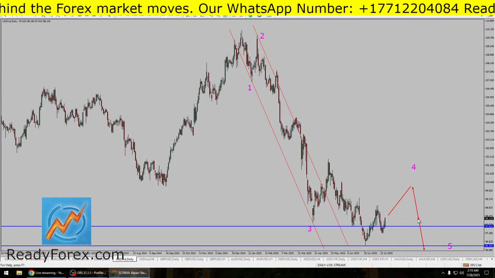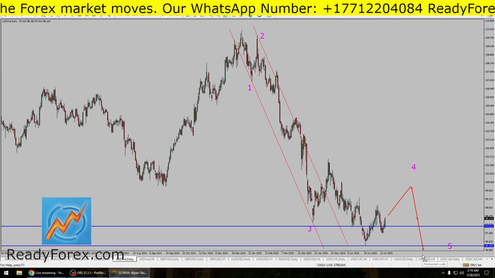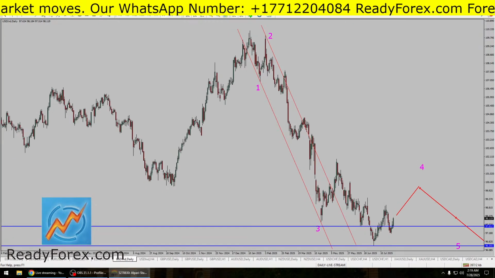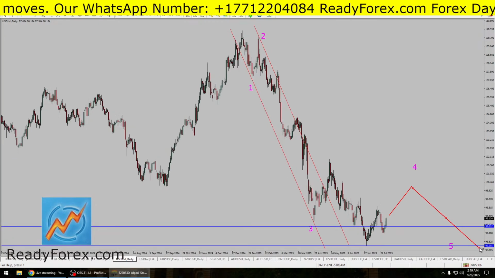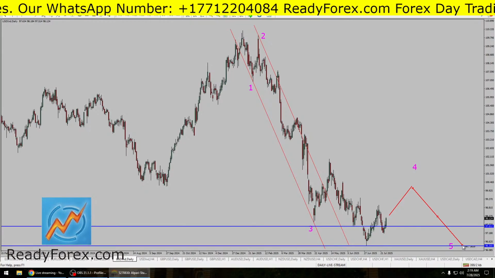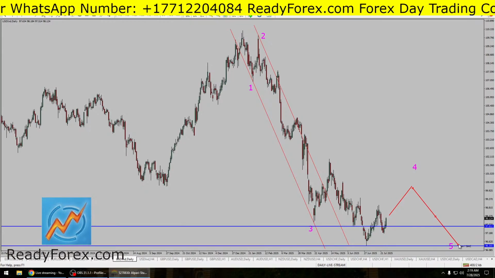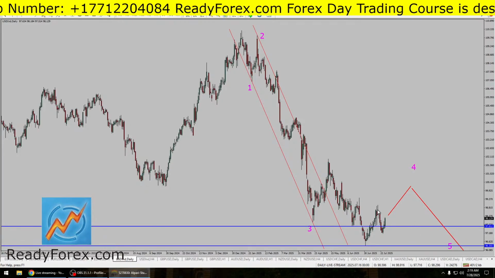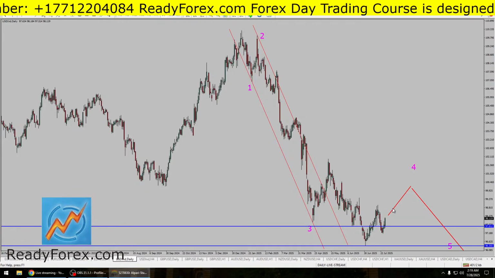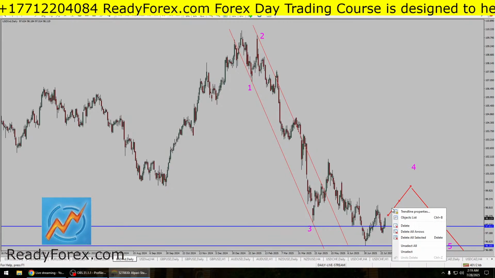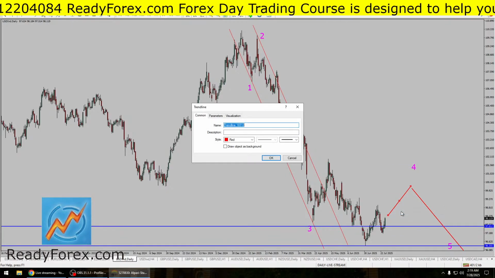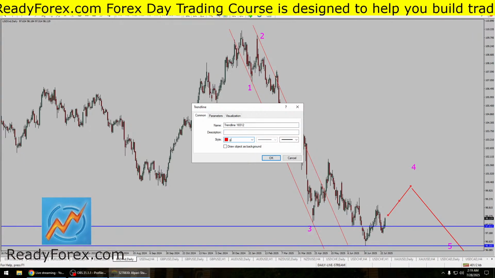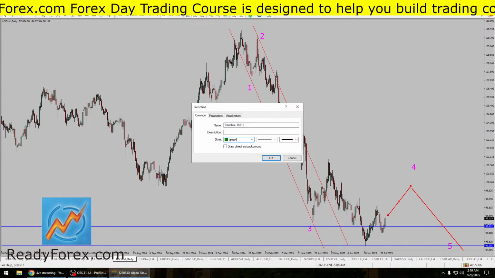Okay, let me move this one. So the forecast is bearish for the euro USD. Okay, I expect US dollar index, the DX, is probably going to rise up. Let me change the color of this trend line to green.